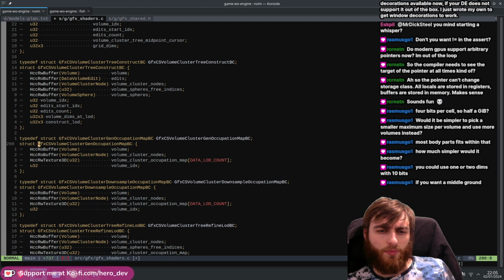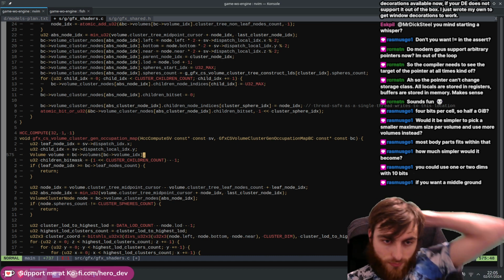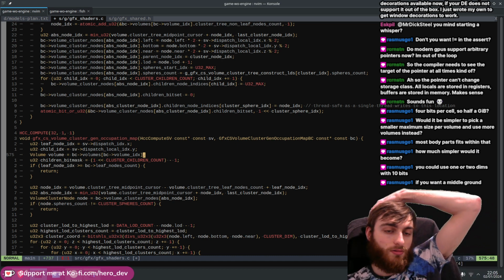Maybe you do it all in one pass. No, it gets a cluster per... It does a cluster. Yeah, a cluster node per thread.